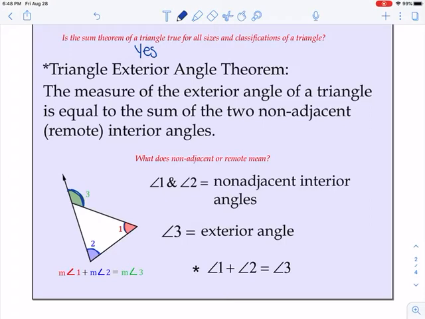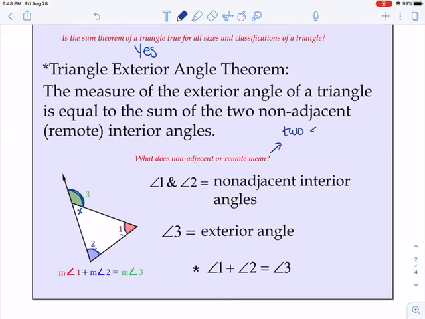Why are they non-adjacent? Adjacent means next to. So if you were next to angle 3, you'd be right there where I'm putting that X. You don't want to be next to it. Those two angles are the ones that aren't next to it. So two angles that do not touch the exterior angle is technically what those are.